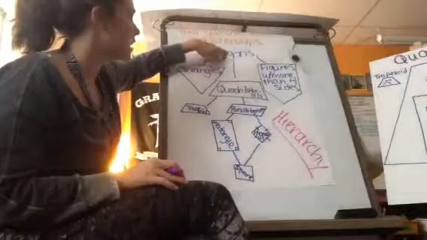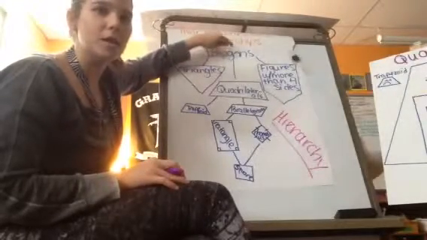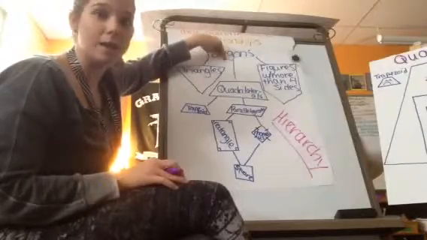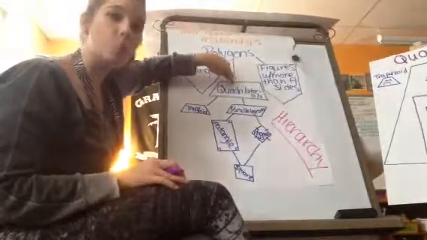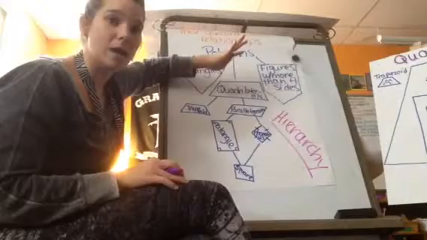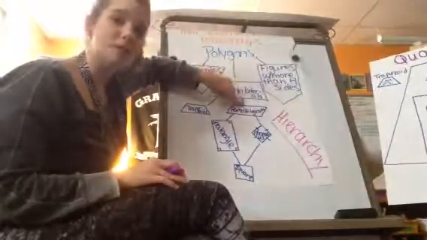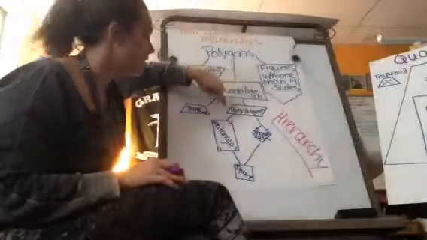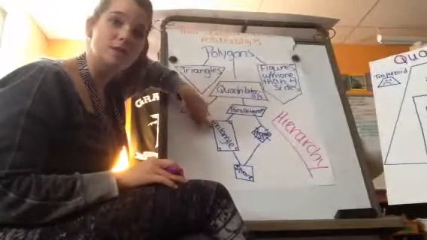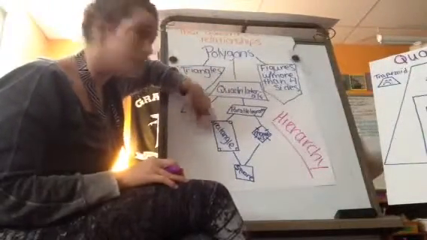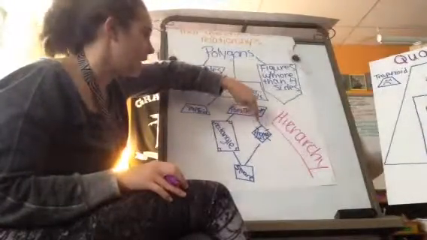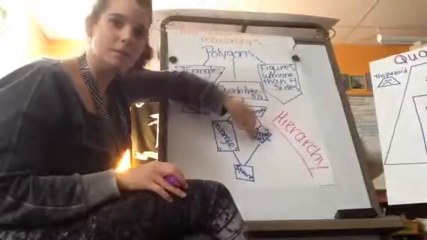So, from the top, we've got closed figures that are not 3D and that are not rounded. Under that, we have quadrilaterals, which have four sides. Then we have parallelograms, which have two sets of parallel lines. Then we've got rectangles that have four right angles. We've got rhombi, plural for rhombuses, that have four sides the same length.